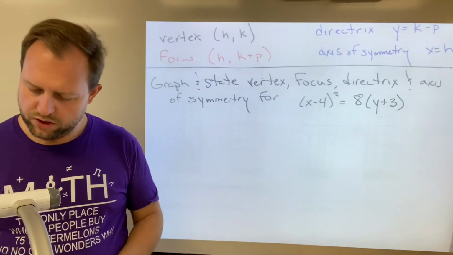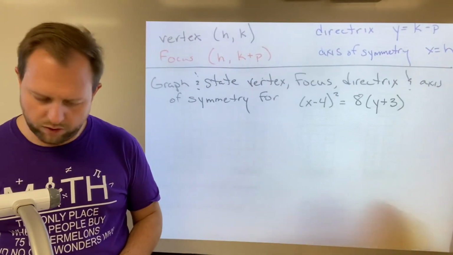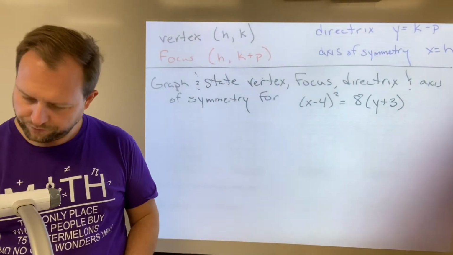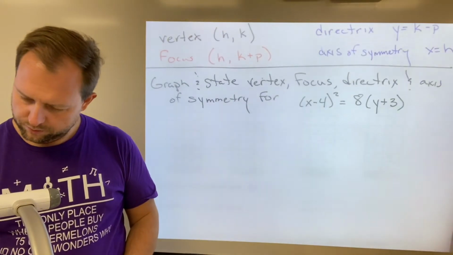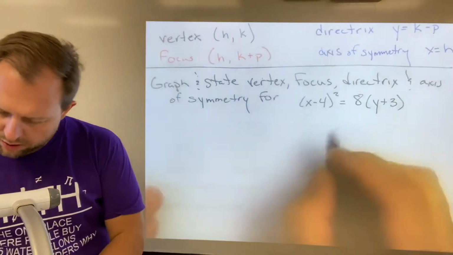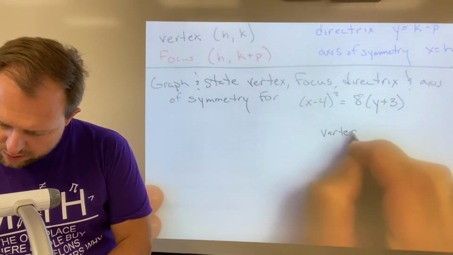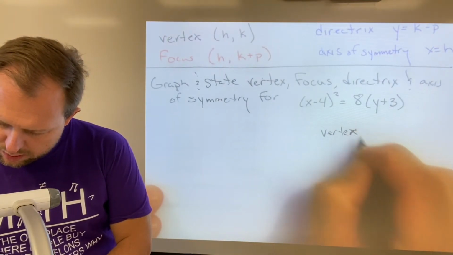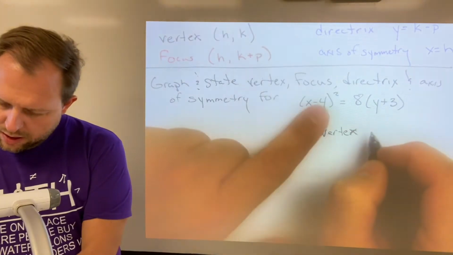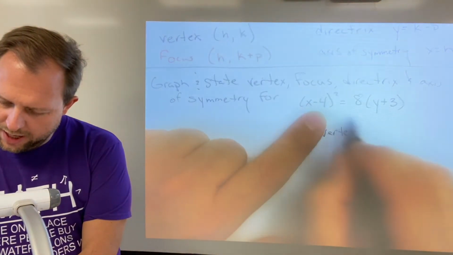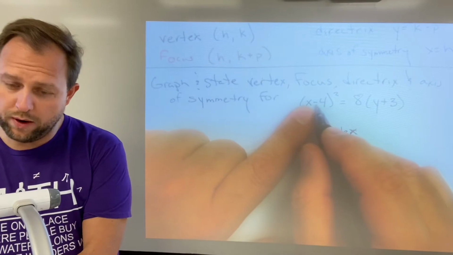Okay, so the first thing we need to do is find our parts. Okay, for our vertex, it is (h, k). The negative's part of the equation, right?